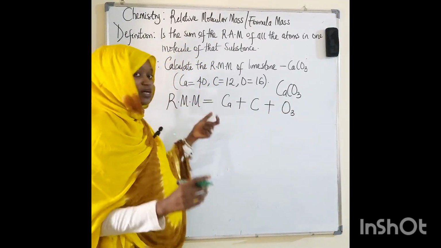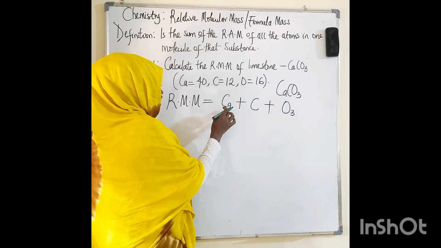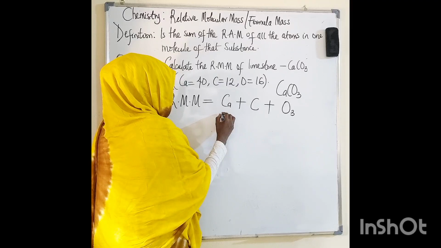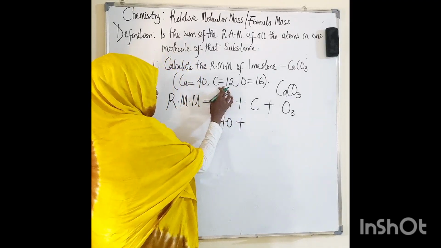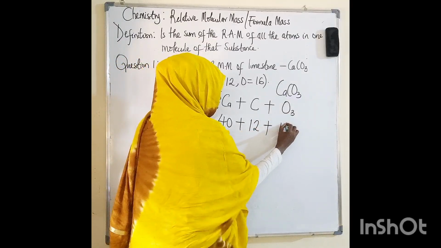Now we write out their individual atomic masses. Calcium has an atomic mass of 40, plus carbon has 12, plus oxygen, which is 16.